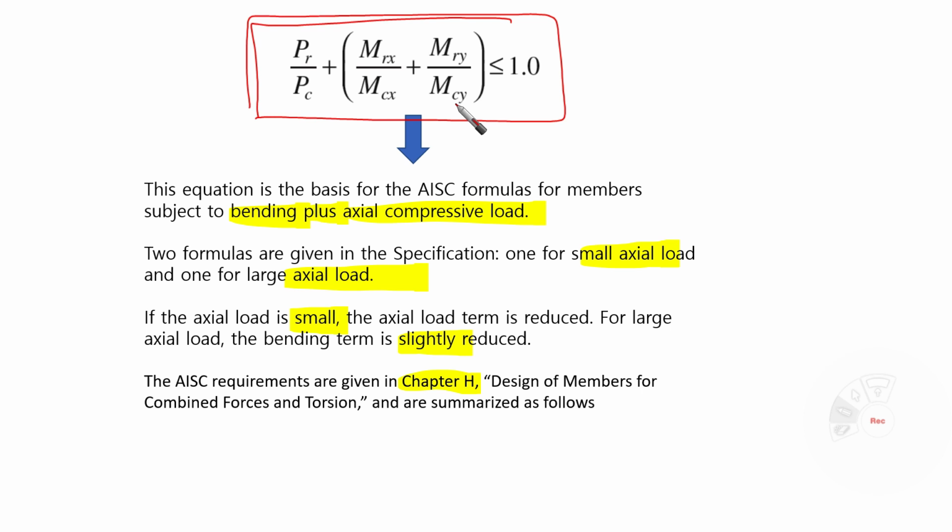C means available strengths. This equation is the basis for AISC formulas for members subject to bending plus axial compression. If we're talking about flexural bending and axial compressive load, two formulas are given in the specification.